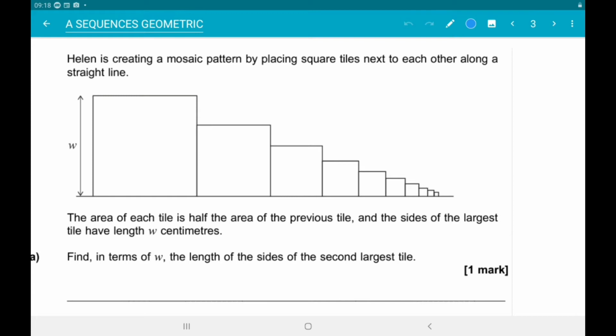Alright, so we know the area of the first tile will be W squared. So the area of the second tile will be W squared over 2.